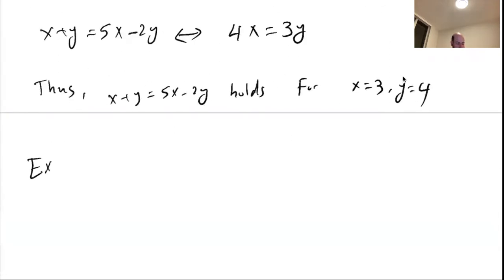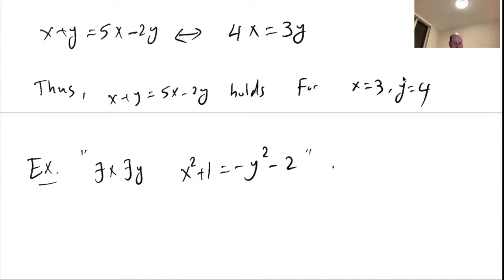Now another example, let's say there exists x, there exists y, such that, for example, x squared plus 1 is equal to minus y squared minus 2. So this one is false. How can I show it's false?